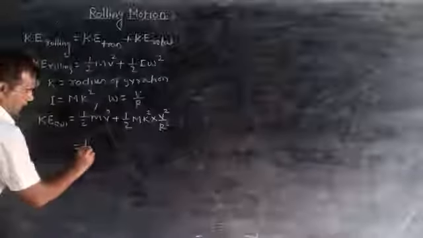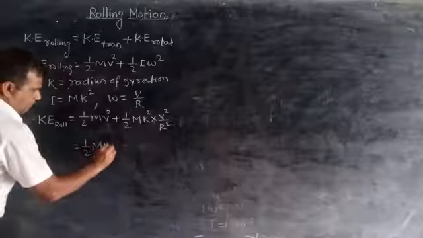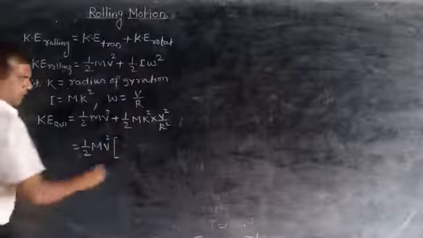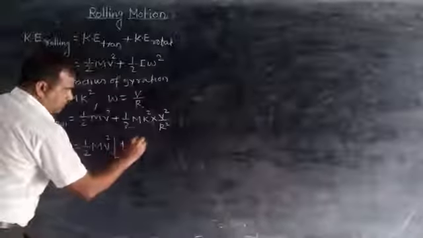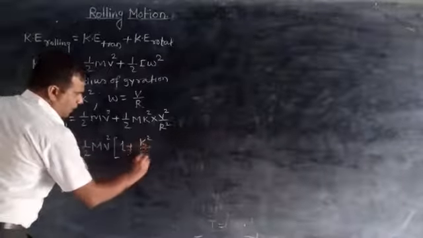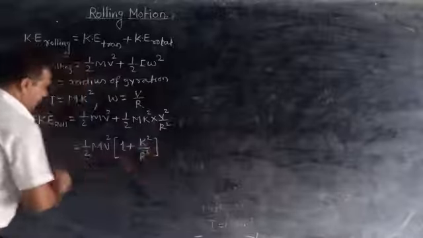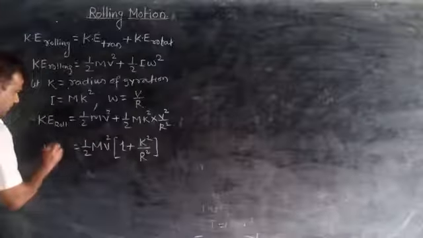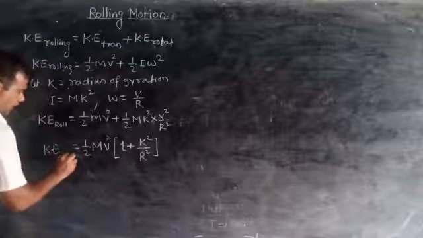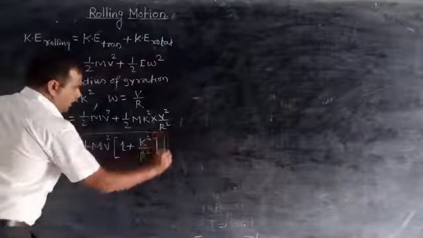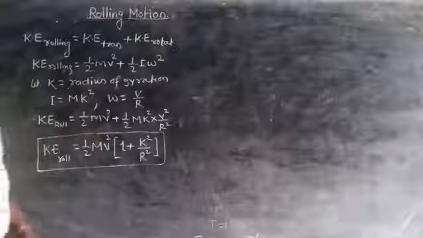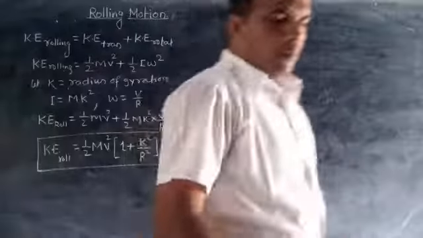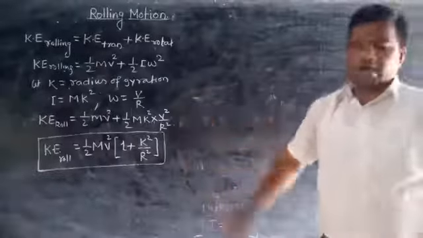Now taking half mv square common, we can write 1 plus k square upon r square, and this is the formula for kinetic energy of a rolling body or kinetic energy of rolling motion. This is the required expression.